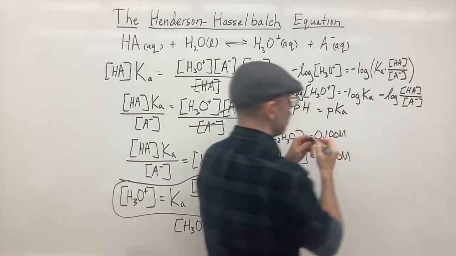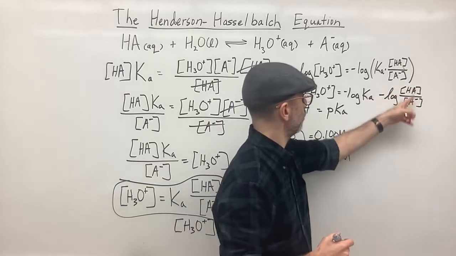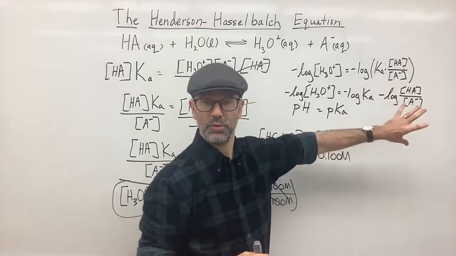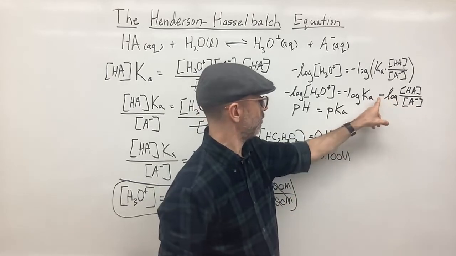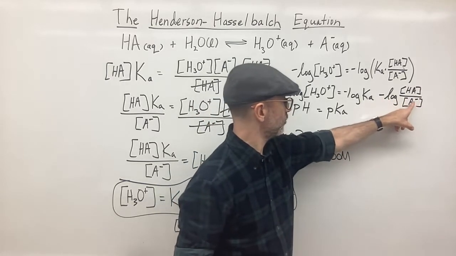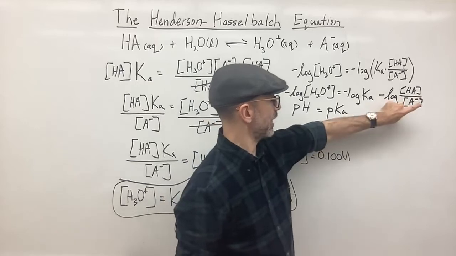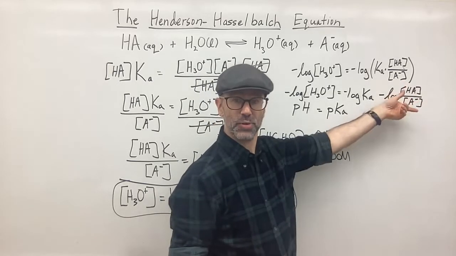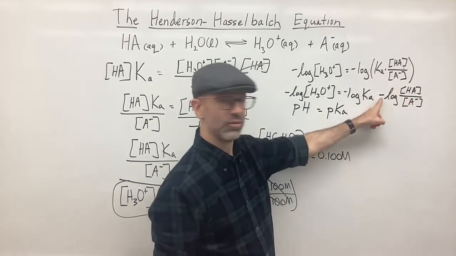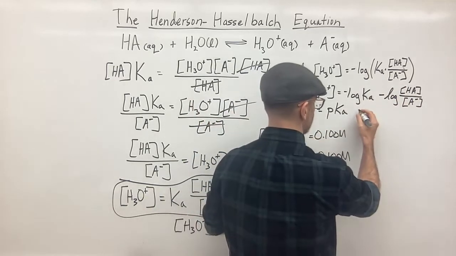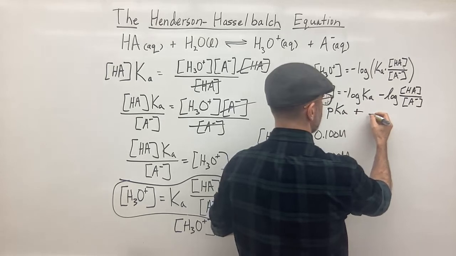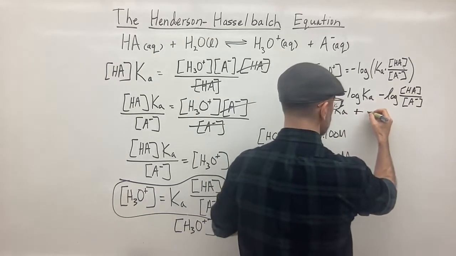And now I have the negative log of this ratio. Now, if you remember from your log rules, if I have the negative log of this, then I can flip this ratio, and that'll make this positive. So I can make this plus the log.